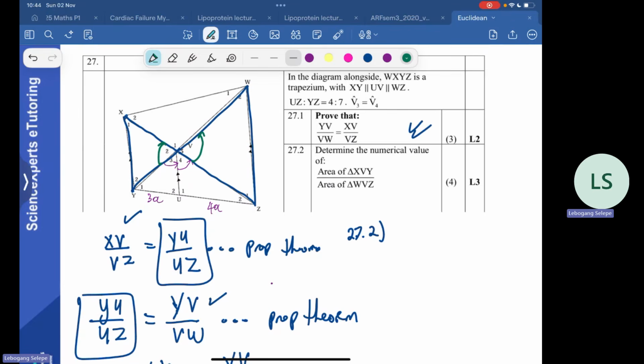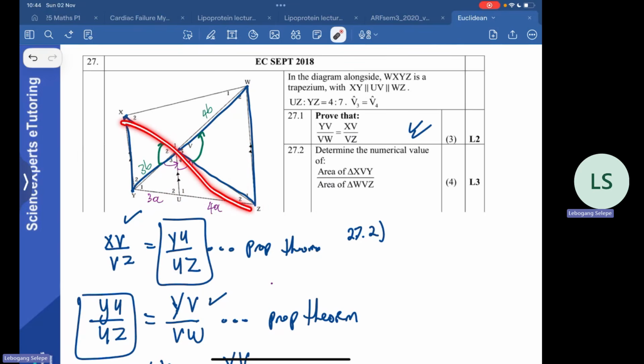But then before that, let's go find other proportions that are equal, right? So as you can see here, if this one is 3a, this one is 4a, right? This one can be, remember, same ratio. So this would be 3b and this would be 4b, right? Looking for other proportions, we have this one as well.